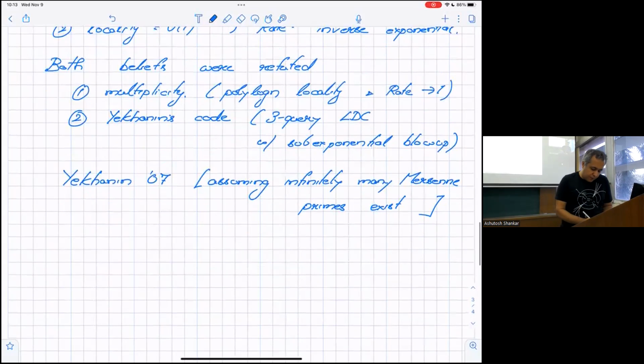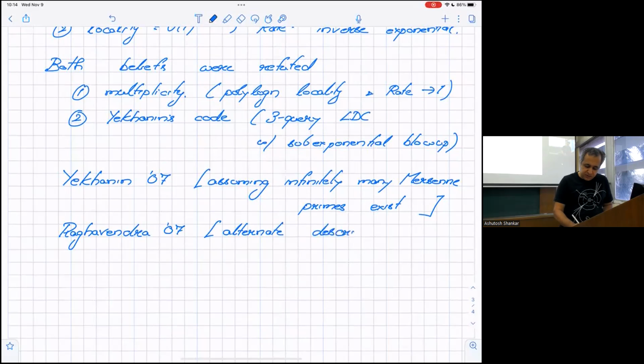Subsequently, rather immediately, Prasad Raghavendra didn't remove the assumption, but gave an alternate description of Yekhanin's construction.